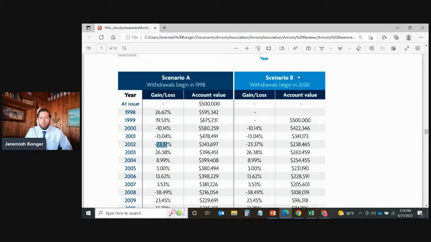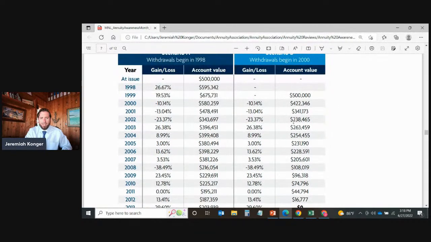And then you'll notice across the way here in scenario B, because they happened to retire during that peak of 99 and 2000, and then they were met with those 3 consecutive years of negative returns, look at the impact on the portfolio. 238,465 versus 343,697.